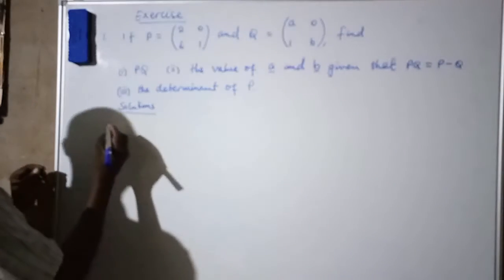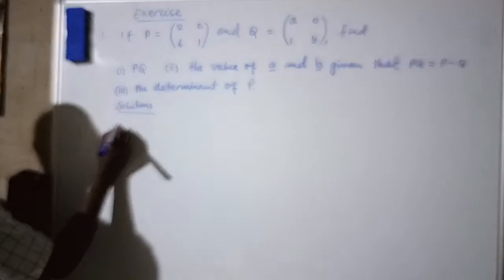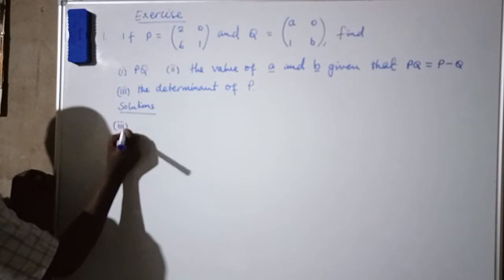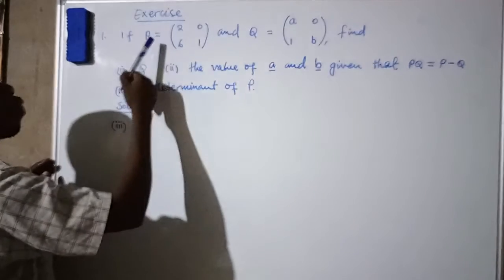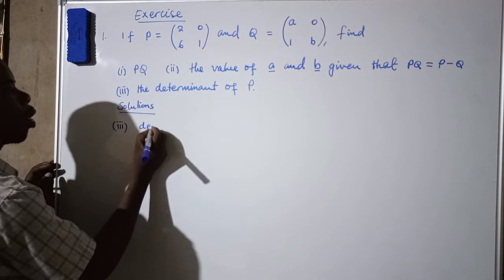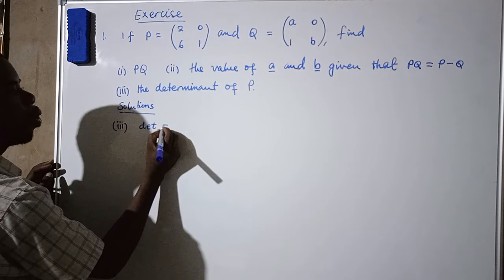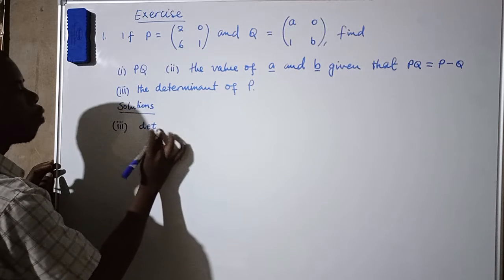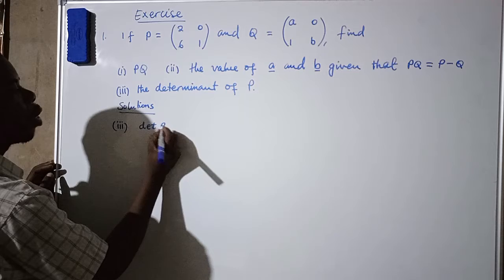So we need to find the determinant of p. So remember, determinant is represented by d, e, t, which is going to be determinant of p. That's how we write it.